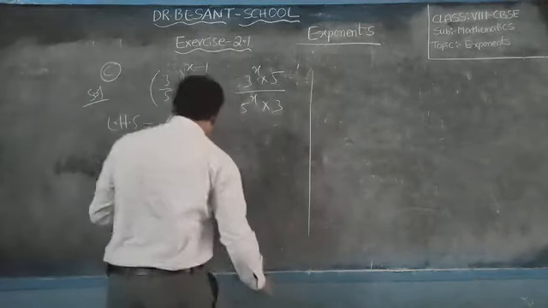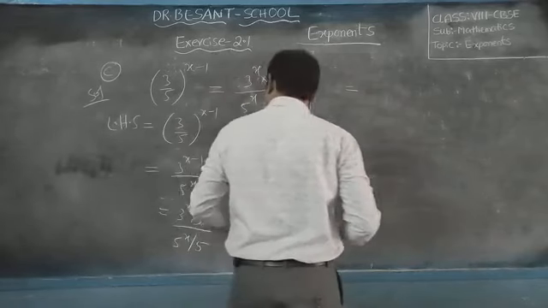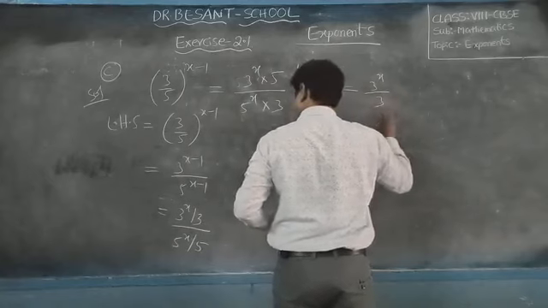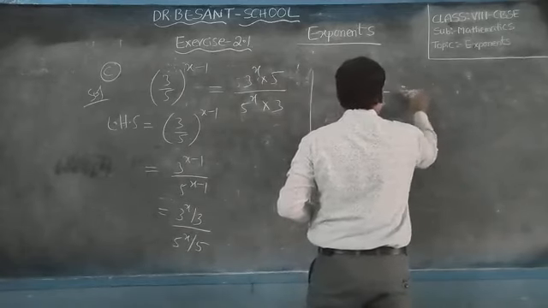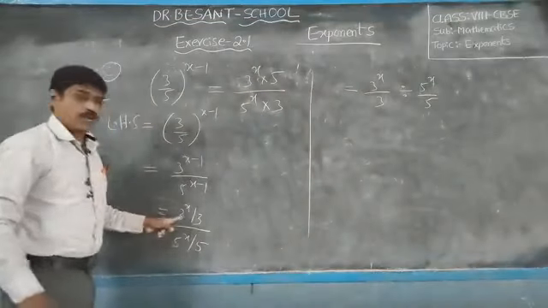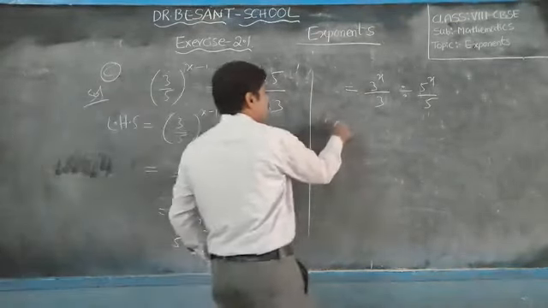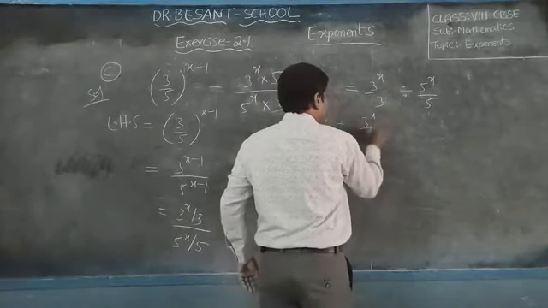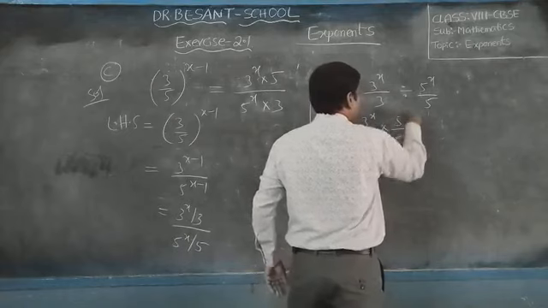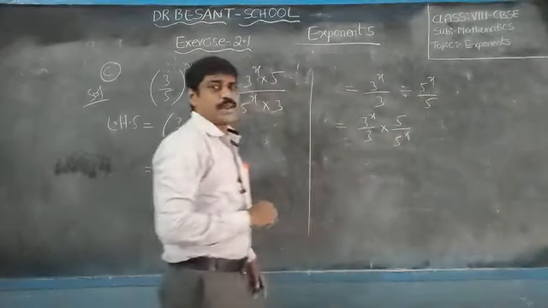Therefore, 3 power x by 3 divided by 5 power x by 5. Observe here, 3 power x by 3 divided by 5 power x by 5. So 3 power x by 3 into 5 by 5 power x. Instead of divided by, I am writing into, multiplication.